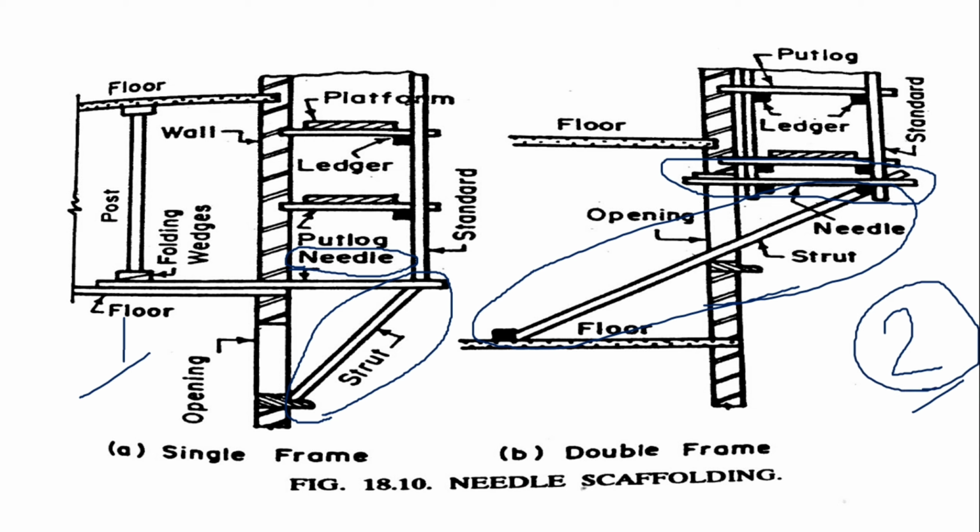Why? First, as we provide the strut throughout my opening, we have 3 different supports. Here is 1, here is 2, and here is 3, while in the single frame we have only a single support.